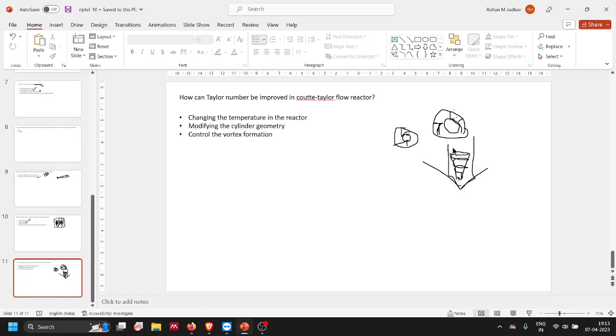The Taylor number can be improved in this case because the vortex formation is controlled. So vortex formation would be stable enough, and because of that, the Taylor number can be controlled. Controlling the vortex formation is basically a subpart of modifying the cylinder geometry itself, which can help in improving the Taylor number of the Couette-Taylor flow reactor.